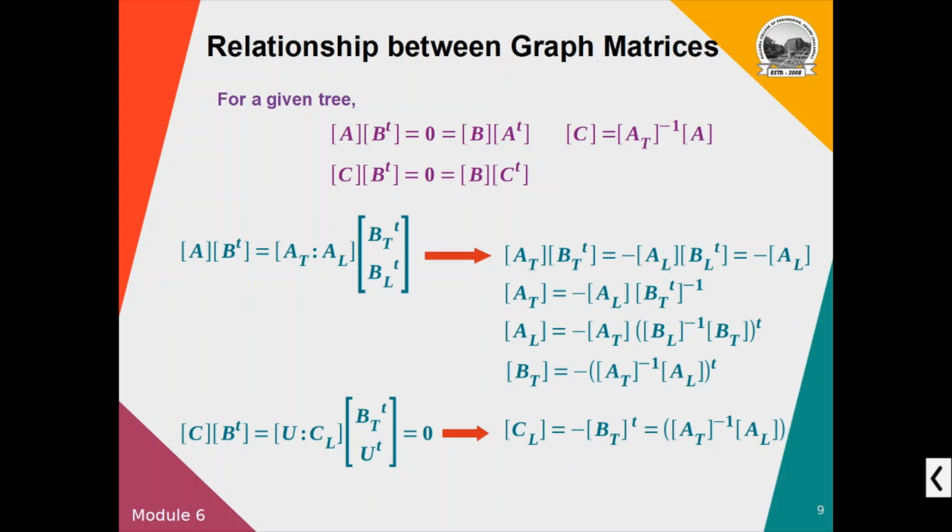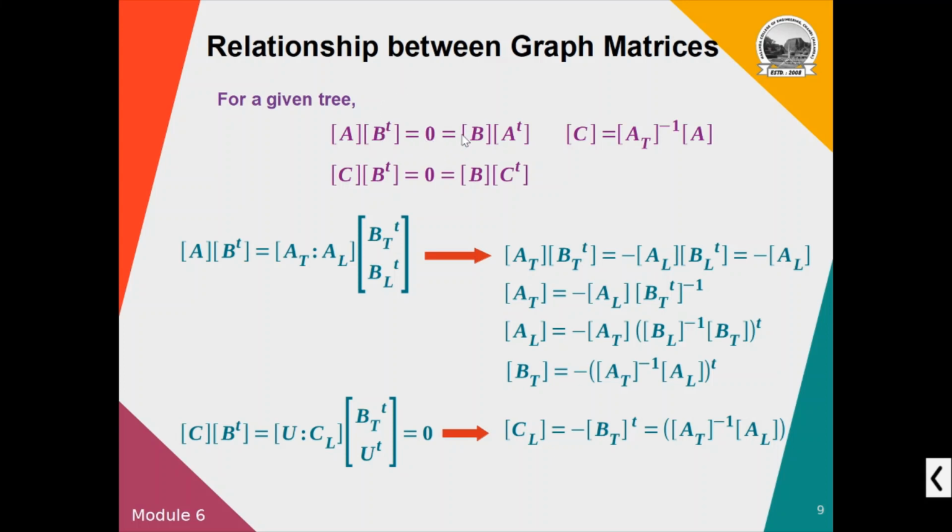Now, there is a relationship between these matrices, which can be given like this: matrix A into the transpose of matrix B. What is the transpose? You are making the rows into columns and columns into rows. Then if you multiply, you will get 0.